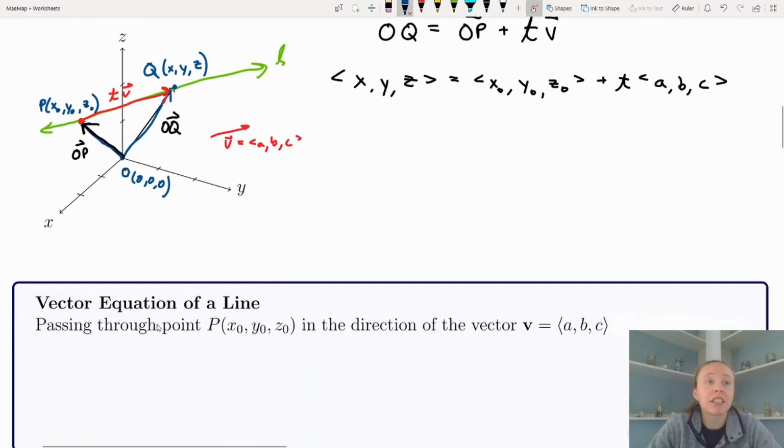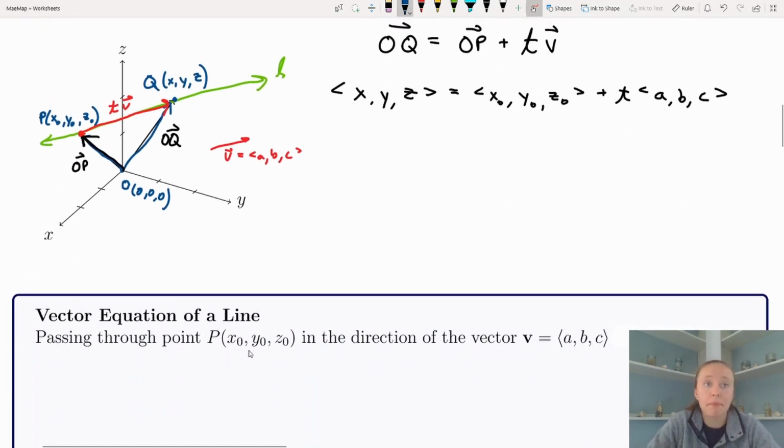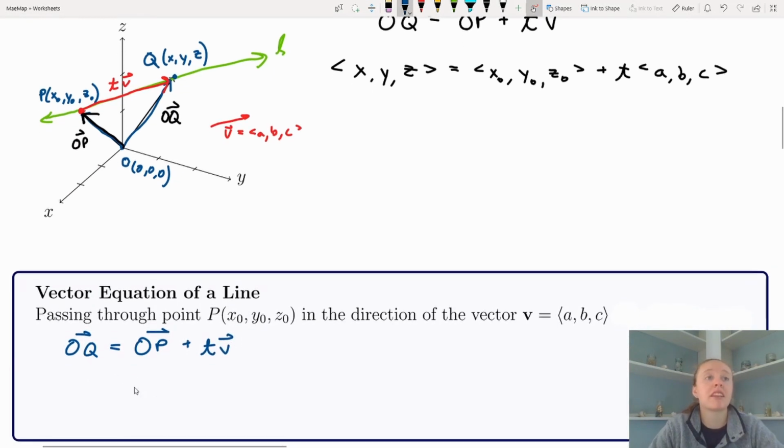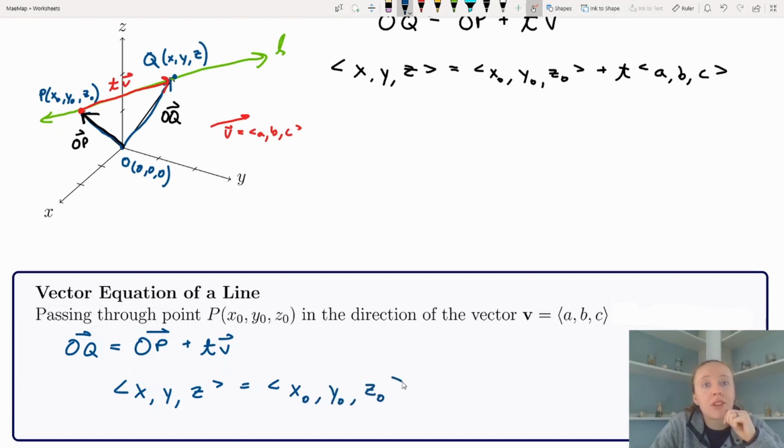So the vector equation of some line L passing through point P of x naught, y naught, z naught in the direction of vector v is, well, using our vector OQ equaling vector OP plus tv, then we could write that as the vector x, y, z is equal to the vector x naught, y naught, z naught, which if you think about it gives us head minus tail, that's that point x naught, y naught, z naught, but as a vector, so that we have magnitude and direction.